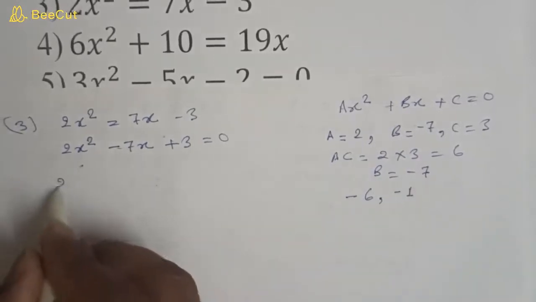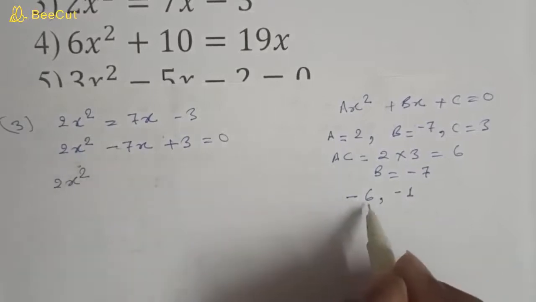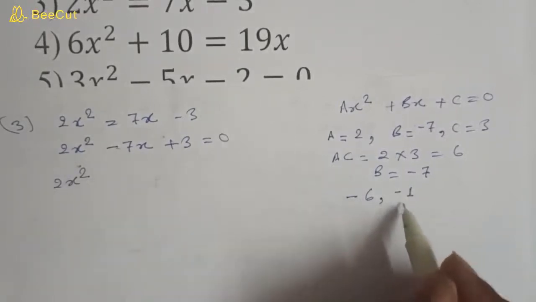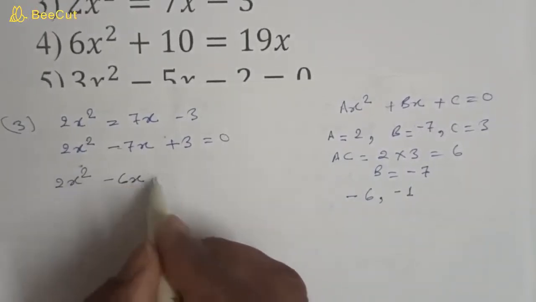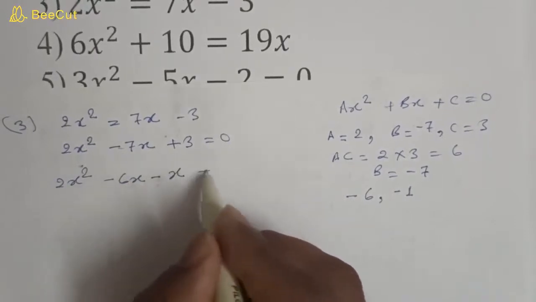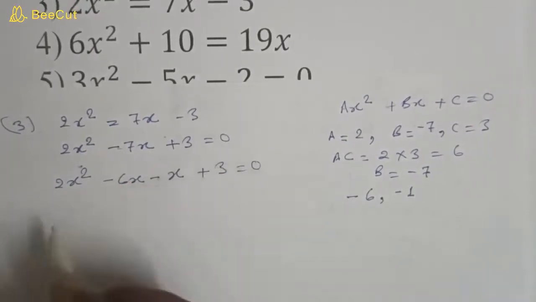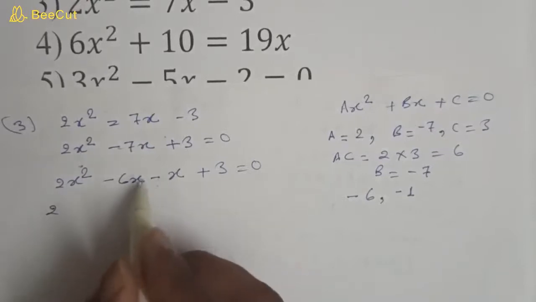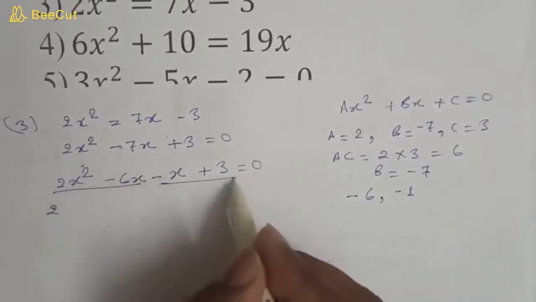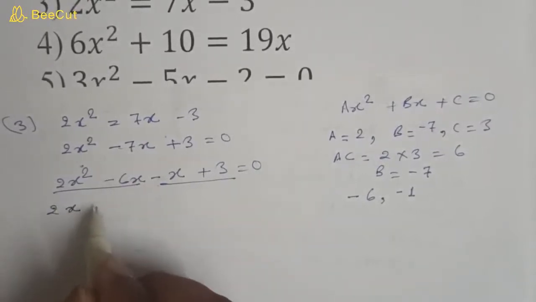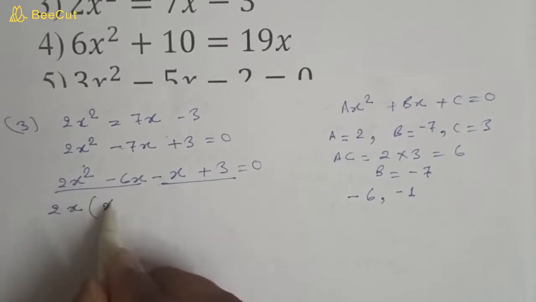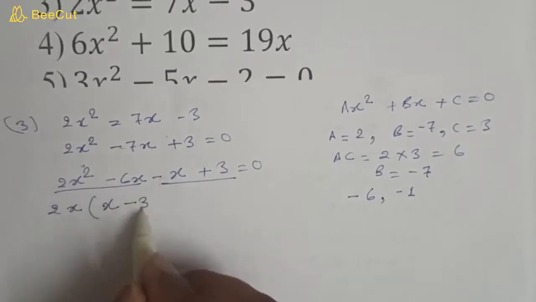So in place of minus 7x we will write these two: 2x square minus 6x minus 1x plus 3 is equal to 0. We make two pairs, and from the first pair we can take 2x common, so it will become x minus 3.